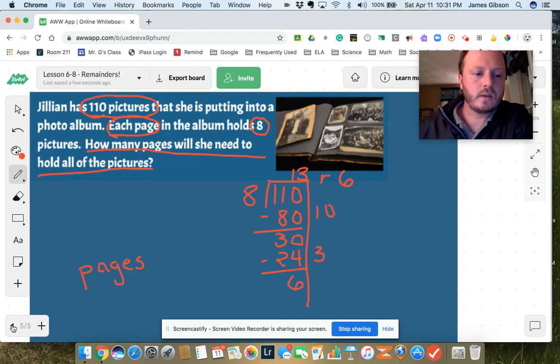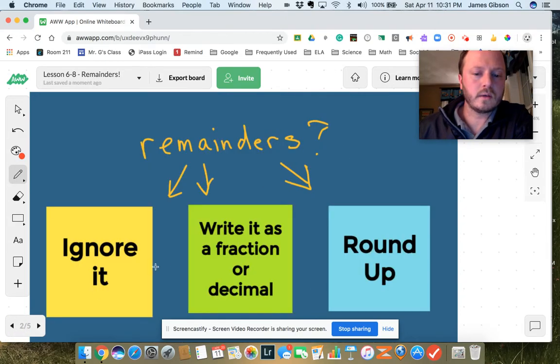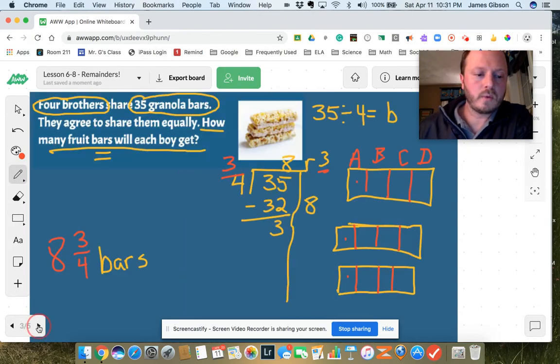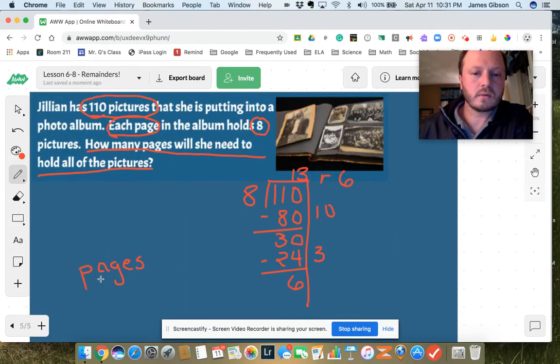Well, in this case, we need to round up. And what do I mean by rounding up with this particular kind of problem? Well, we look at our answer, 13, right? And the remainder of 6, well, we have to put those pictures somewhere.